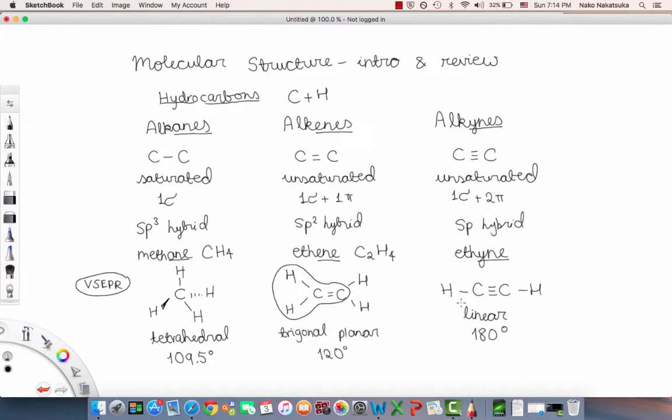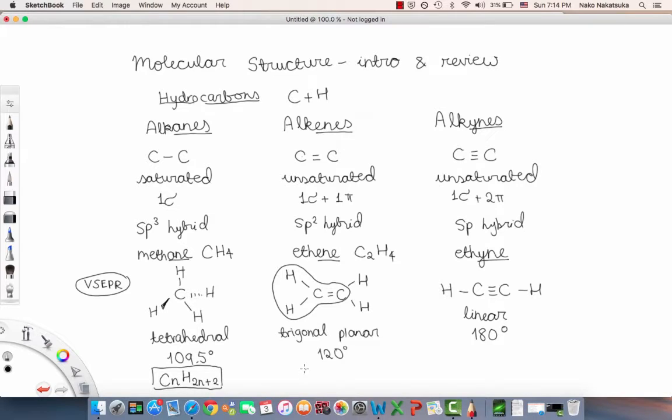So as you can see, by seeing how many bonds each of the different molecular structures have, you can basically put them in the different families of hydrocarbons, whether they're alkanes, alkenes, or alkynes. Also, the general formula for identifying each of these different hydrocarbons is, for alkanes, CnH2n plus 2.